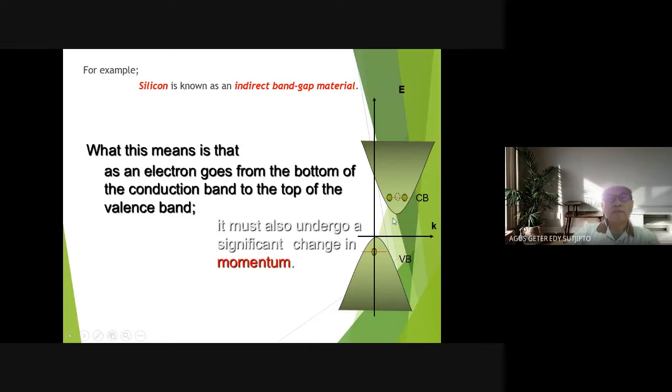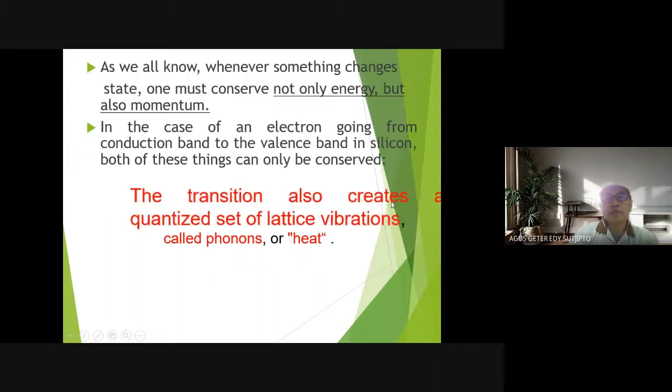Then when the electron goes from the conduction band to the top of the valence band, it undergoes a significant change in momentum, because the vector of the momentum is not the same. Direct should be at the same place, like in an illustration.